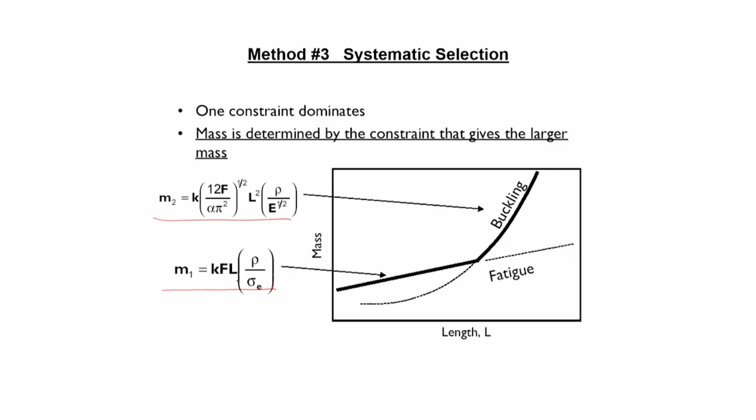factor that in both the cases, anything else but the length appears in one case as L square, in another case as L. So, that means mass is linearly varying in one case, that is the case where the fatigue is concerned, and the mass is varying like a curve, in a non-linear way in the second case.